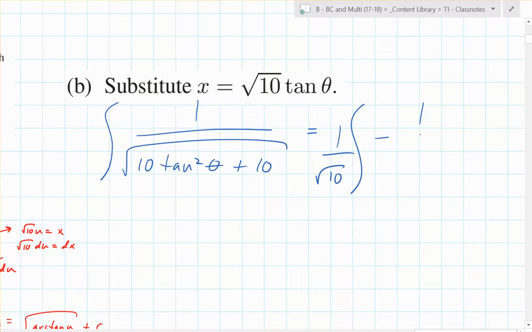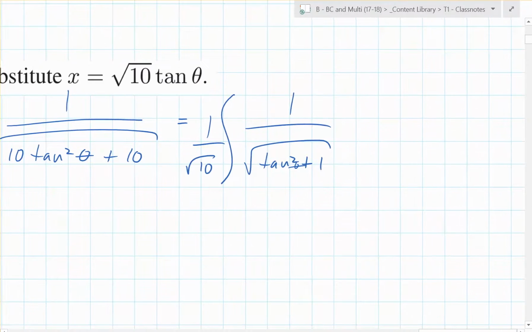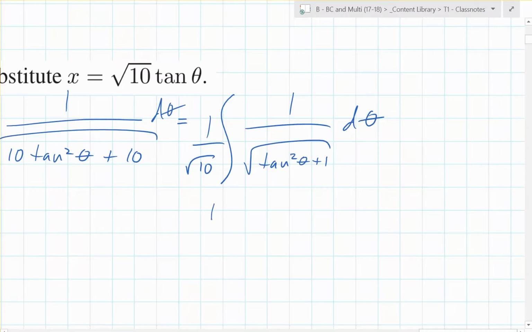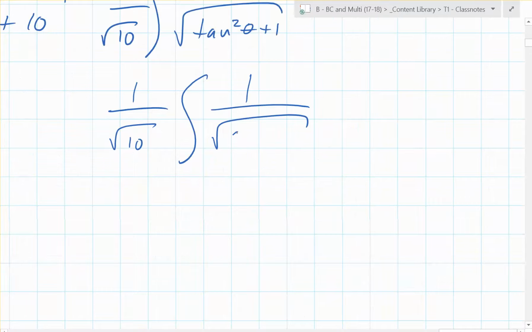Let's just see if this comes out over 1 over the square root of what? Tangent squared plus what? 1. What is tangent squared theta plus 1 as a trig identity? So this is 1 over the square root of 10. Yeah. Secant squared theta, right?